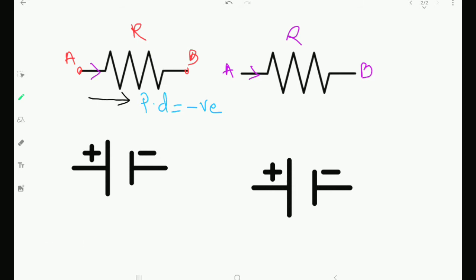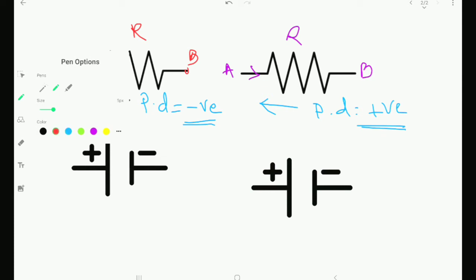If you are measuring the potential difference opposite to the current, then it is taken as positive. So in the direction of current the potential difference is negative, and in the opposite direction it is taken as positive. This is in the case of a resistor.